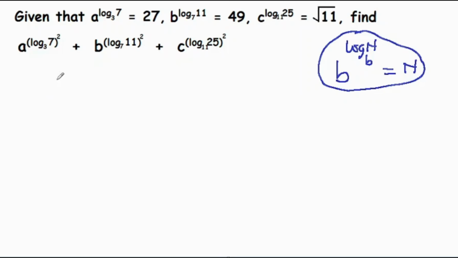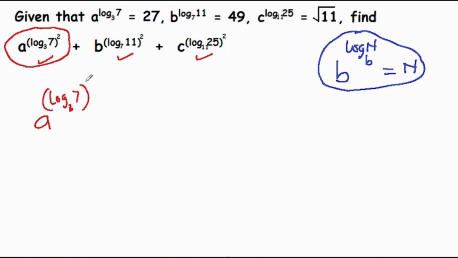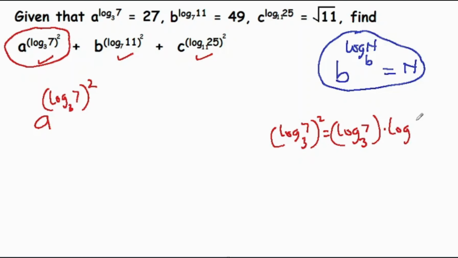Now let the show begin. Let's find the addition of this first term, this is the second term, this is the third term. So we're going to take this one first, and that is a raised to power the log of 7 base 3, put it in bracket, raised to power 2. Yeah, of course, log 7 base 3 raised to power 2 means that you're having log 7 base 3 multiplied by log 7 base 3.